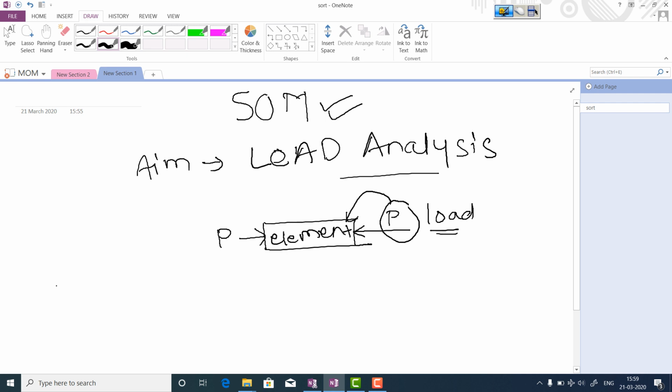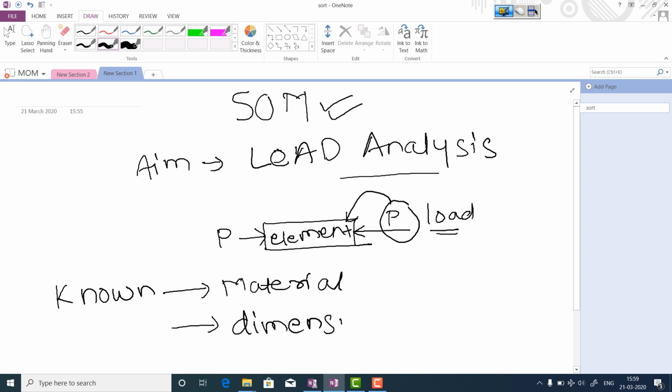Now, here, what are the things that are known to us? The known things are the material that element is made up of, and also its dimensions. Now here the known things to us are these two, and we have to do load analysis.